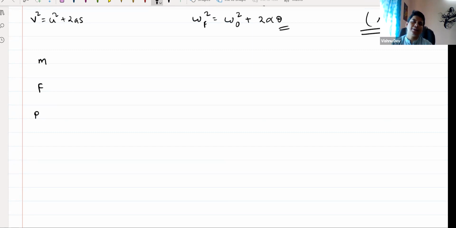Suppose an object is heavy. I can say it has more inertia. Yes or no? Raise your hand. What we have been studying since childhood, Newton's first law. It has more inertia, right? Means it resists the change in motion. Yes or no?